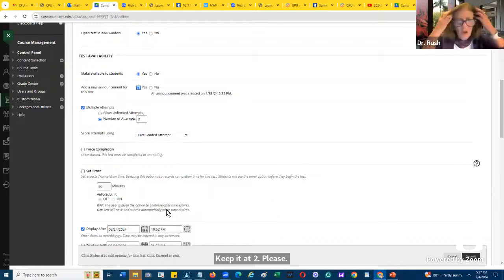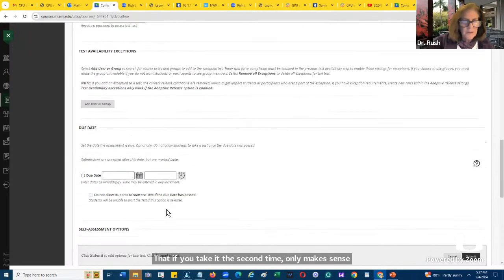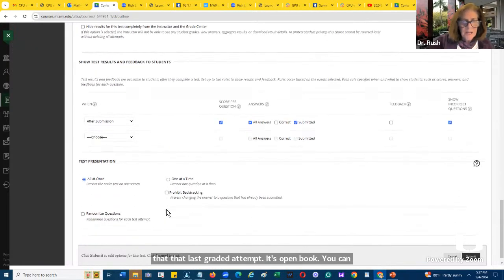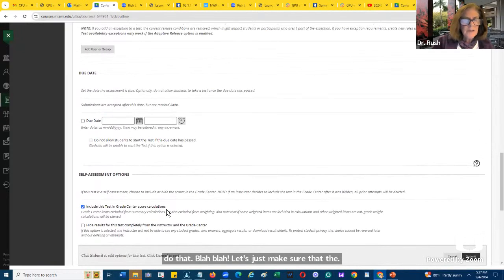And once we have it and it's open-ended, it makes sense that if you take it the second time, that last graded attempt counts. It's open book, you can do that. Let's just make sure of the submission date, the due date.